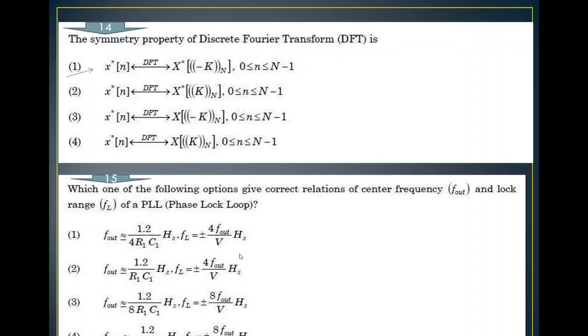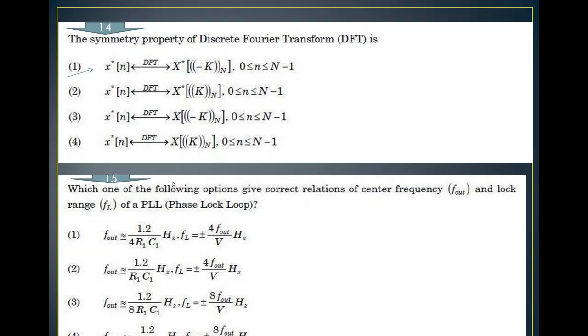And next question, question number 14. The symmetry property of the discrete Fourier transform DFT is, and you can see here the options, and your correct option is first, x bar of n DFT of x bar minus k, with the condition 0 less than or equal to n less than or equal to capital N minus 1.